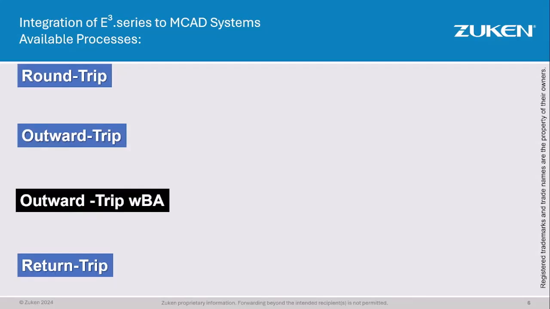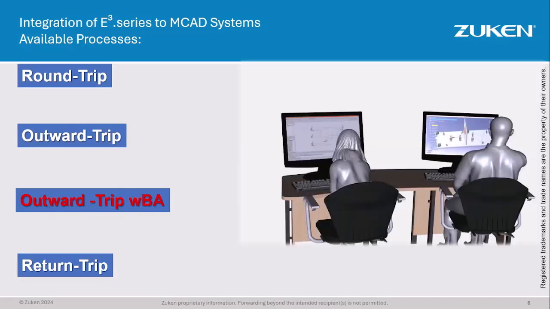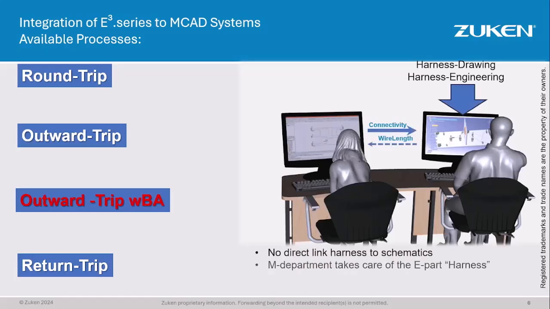Next is our outward trip with the back annotation. So again, through the routing bridge, the PLM XML file goes across to the MCAD. And what we do then is update the PLM XML file, and we then read that back into E3, and that will populate our wire lengths.